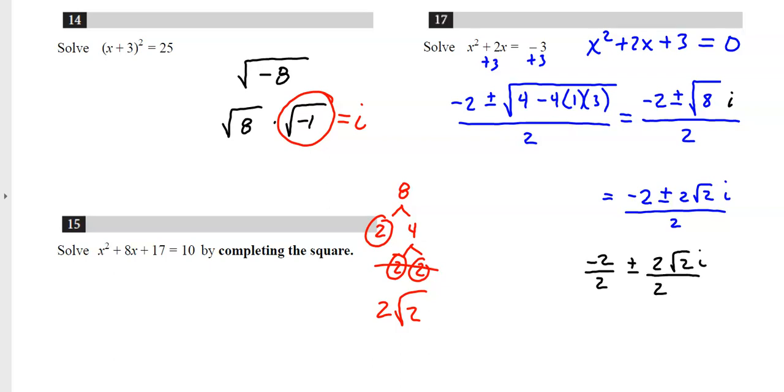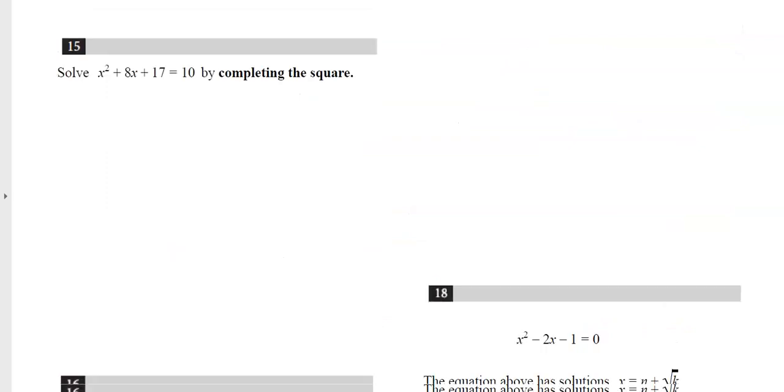Cancel some stuff out. That's a negative 1. And there we go. And that's a complex number because we have imaginaries, we have reals, so we're all good in there.